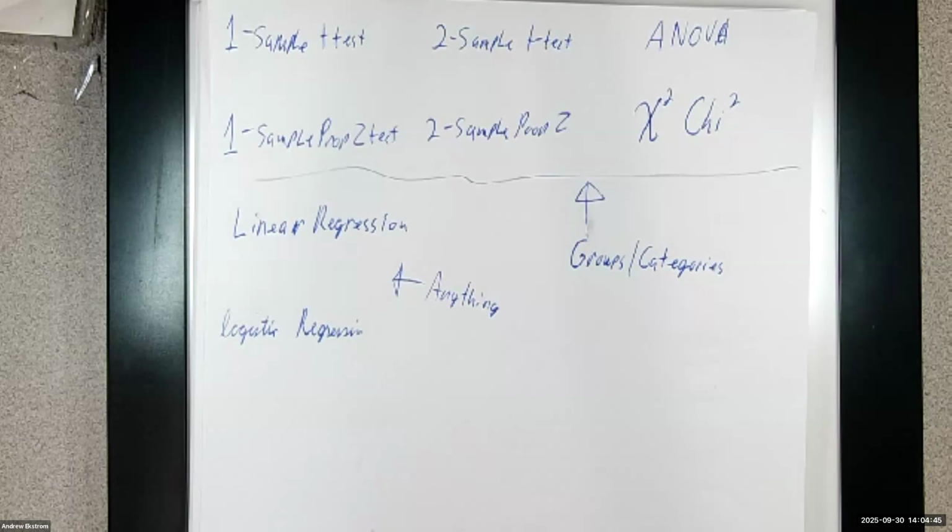So what ends up happening when you look at a lot of different chi-squared tests, they'll look at variables that are in fact continuous, like say age, and they will break age down.